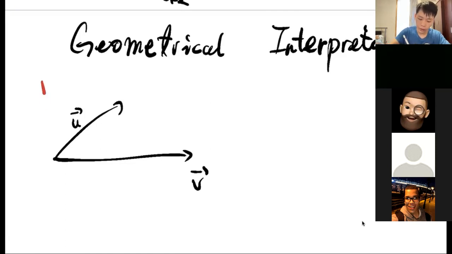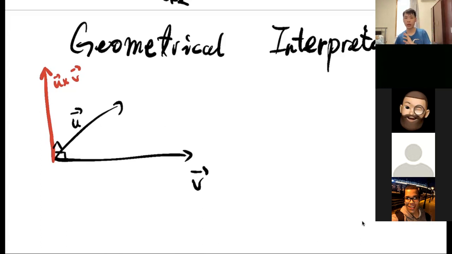All right. So this is u cross v. This cross product is not only perpendicular to vector u, it is also perpendicular to vector v. By that extent, vector u and vector v can span a plane.